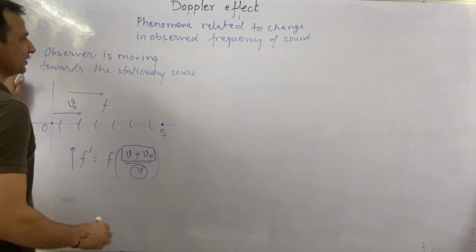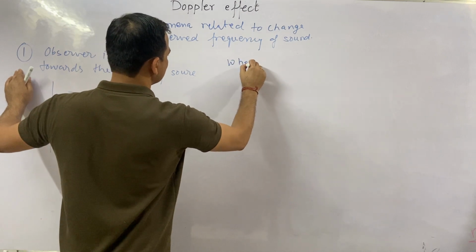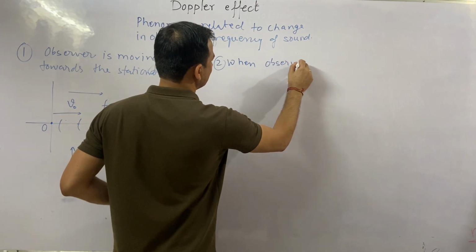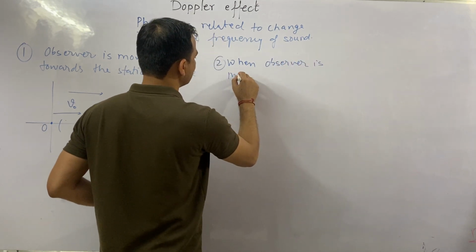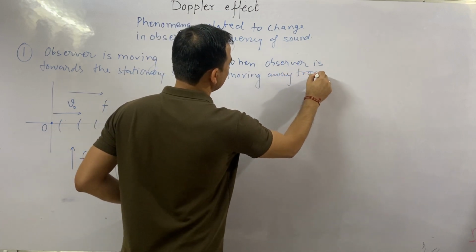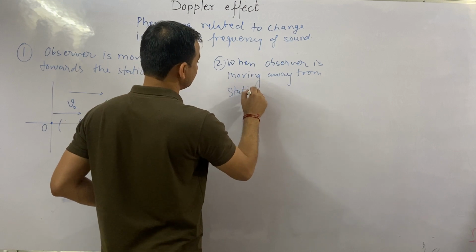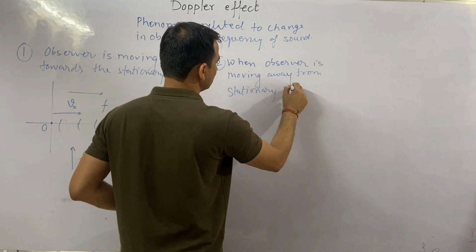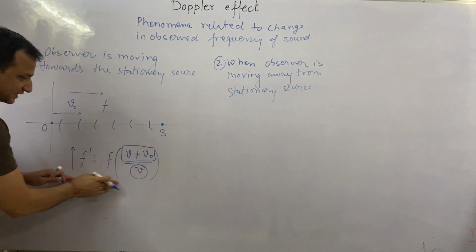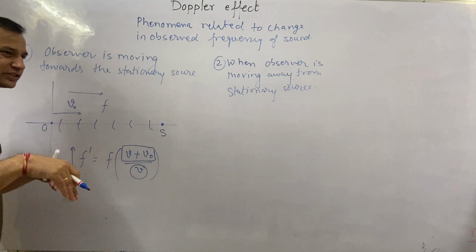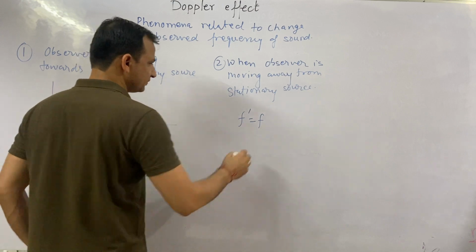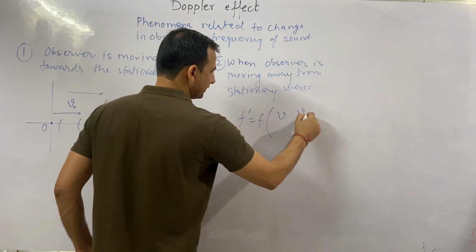Now in the next condition, condition 2, when the observer is moving away from the stationary source. In this case, we will use a similar formula, f' is equal to f (v ± v0) divided by v.